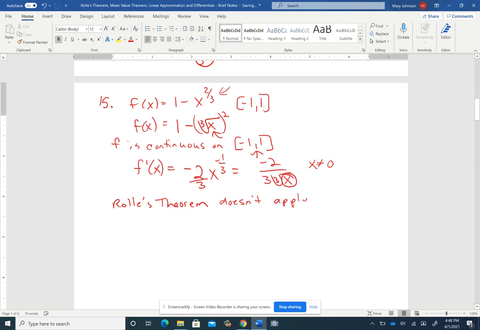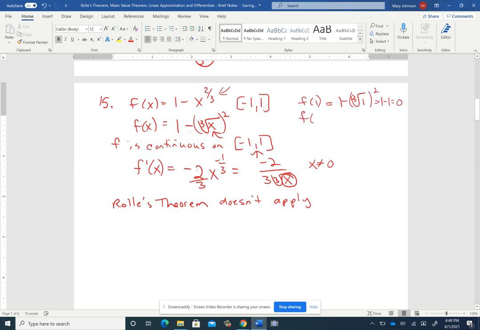You don't know, okay? And see, you might have done f of 1, to check the endpoints, and you would have gotten 1 minus the cube root of 1 squared, which would be 1 minus 1, which is 0.